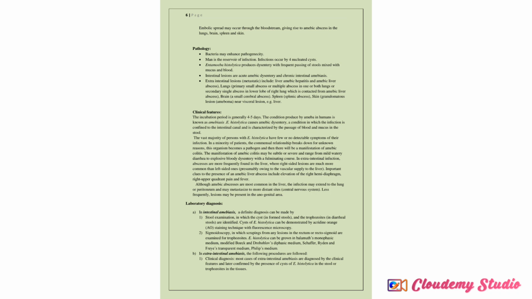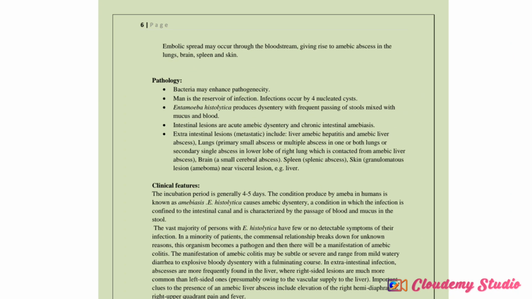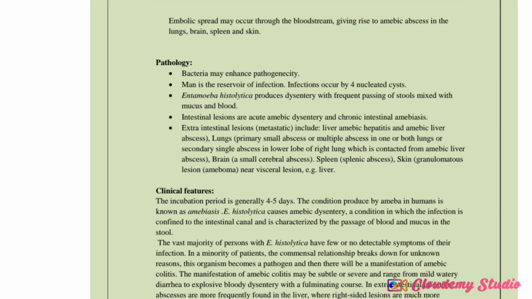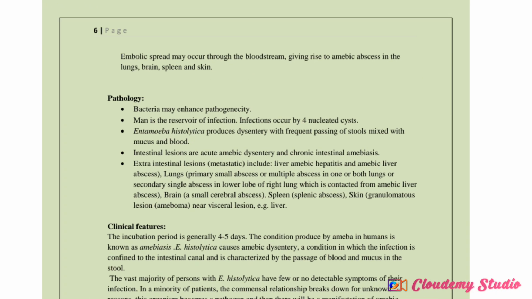Now, talking about their pathogenicity or pathology, bacteria may enhance pathogenicity. Man is the reservoir of the infection. Infection occurs by quadrinucleate cysts. Entamoeba produces dysentery with frequent passing of stool mixed with mucus and blood. Intestinal lesions are acute amoebic dysentery and chronic intestinal amoebiasis.